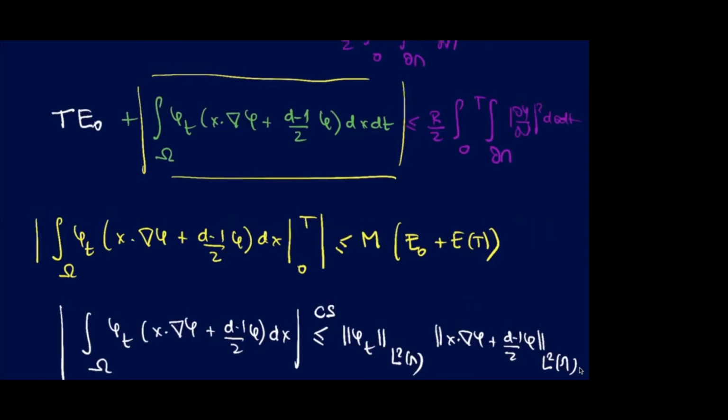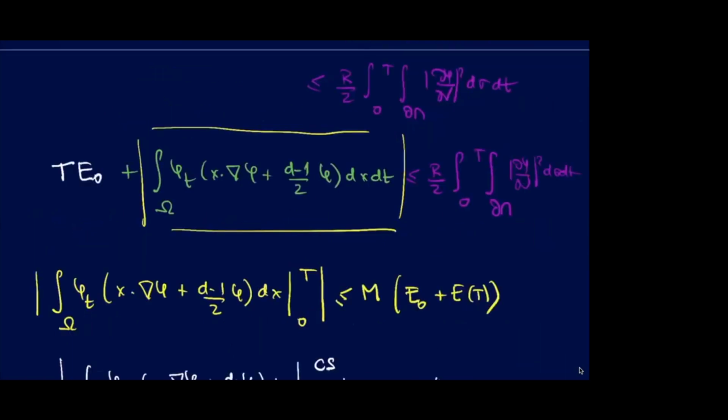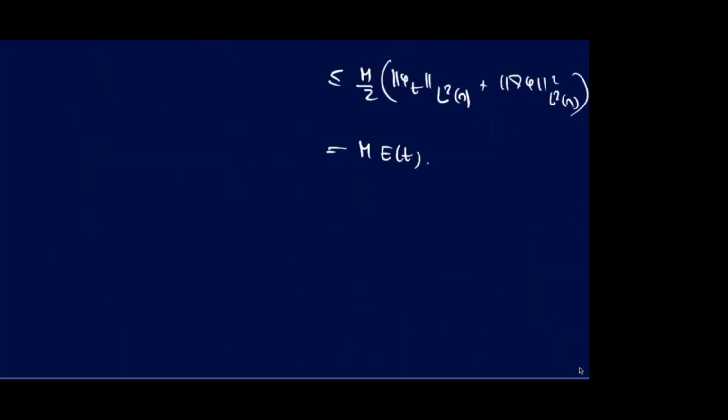In particular, because I have this remainder term from 0 to capital T, I have two times the same quantity, because you see, this energy is constant in time. So then it's done. Then we are done.